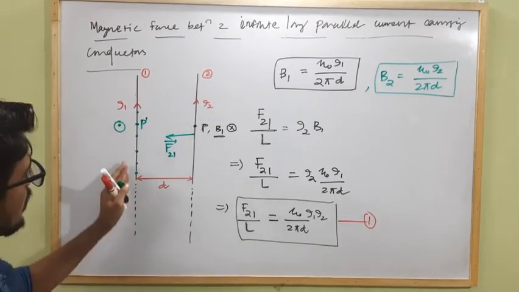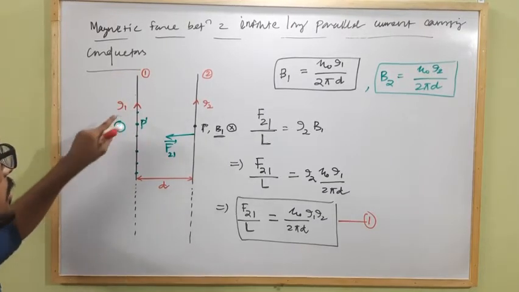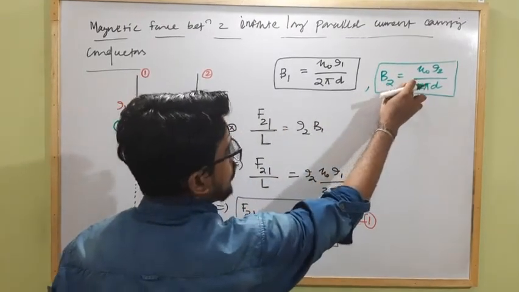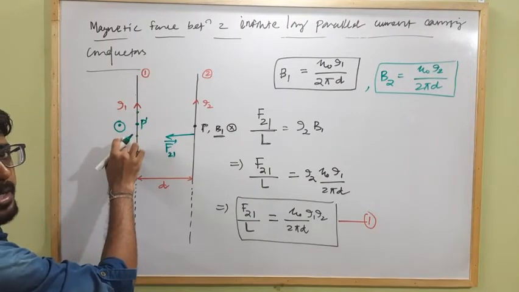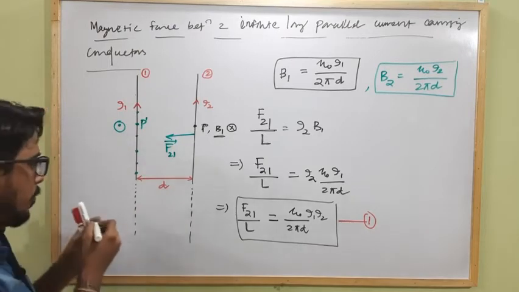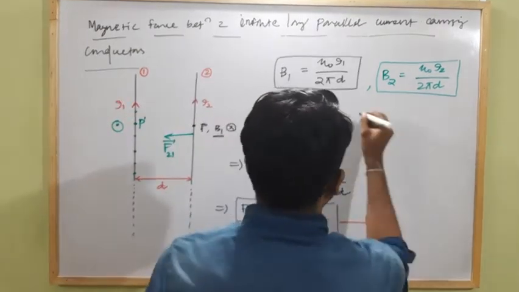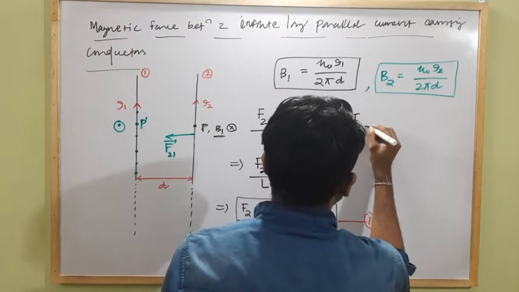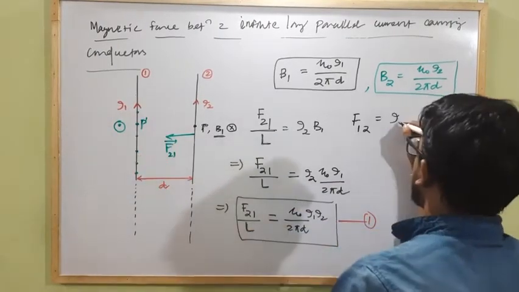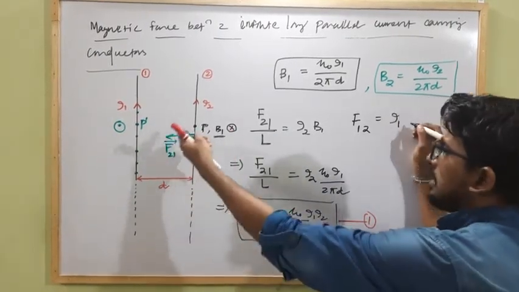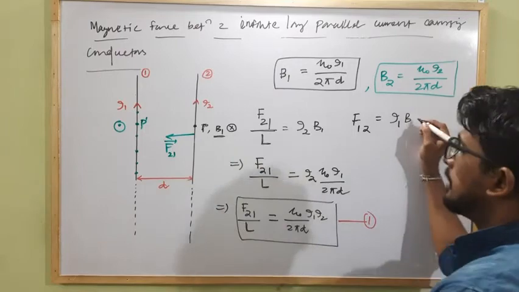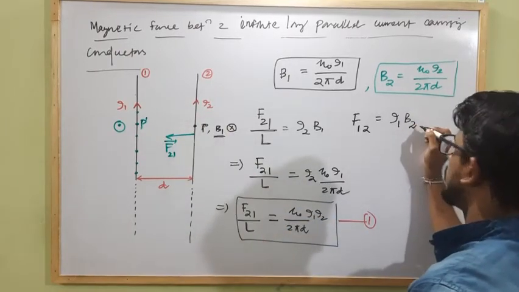So the complete long straight current carrying conductor of infinite length, that is 1, is present in a uniform magnetic field of strength B2, which is acting out of the plane. So what will be the magnetic force acting on this conductor? By using the same formula, the force on conductor 1 because of 2 will be I1 into B2 into sin theta.